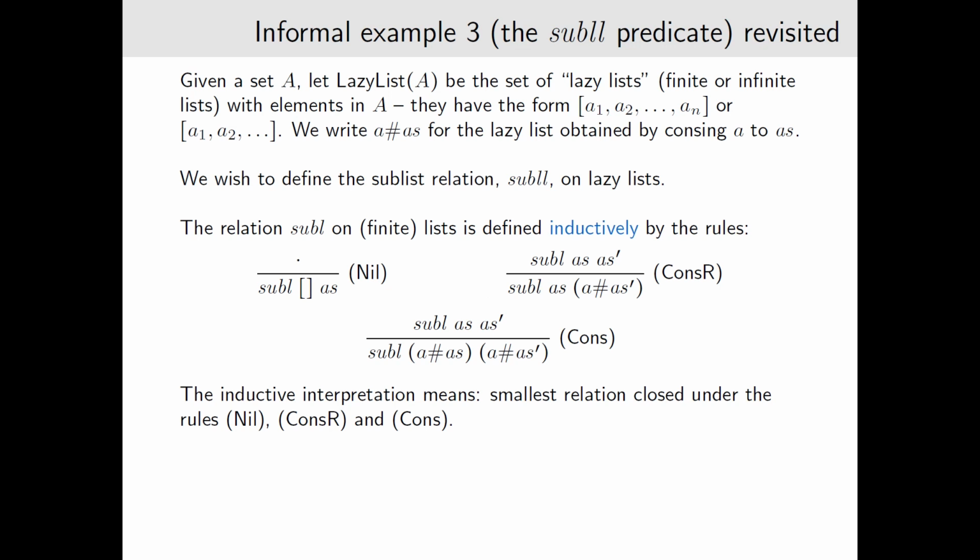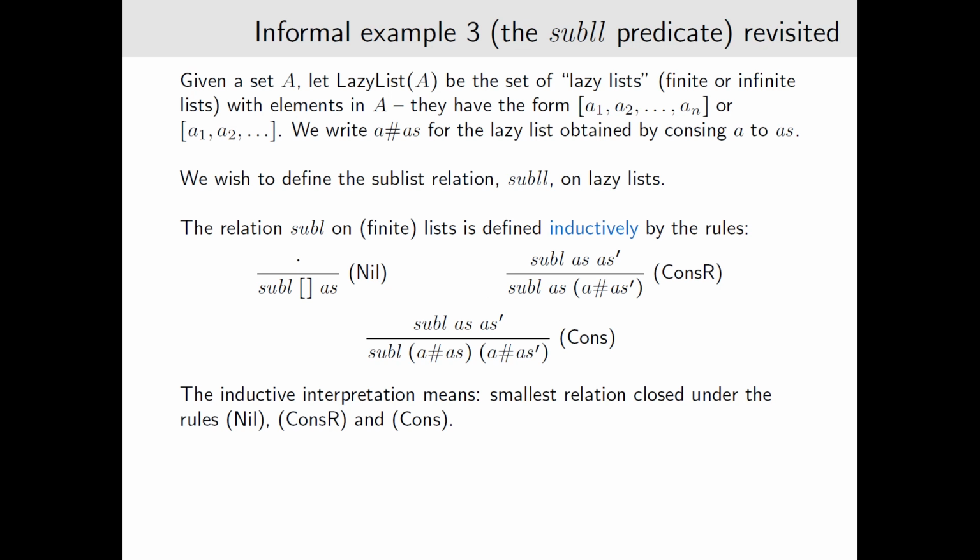that I call sub, which is defined inductively by the same rules as before. But now, again, we're talking about infinite objects, so about lazy lists. So what do the rules achieve? This is the intuition of the least fixed point that we discussed. So everything that is provable by a finite application of these rules. Right?